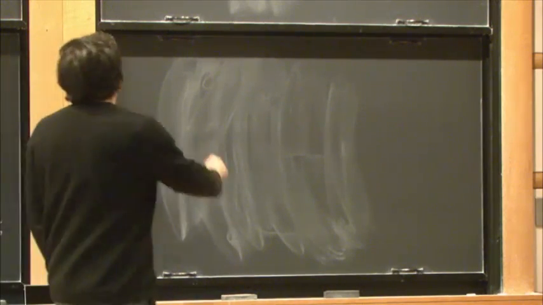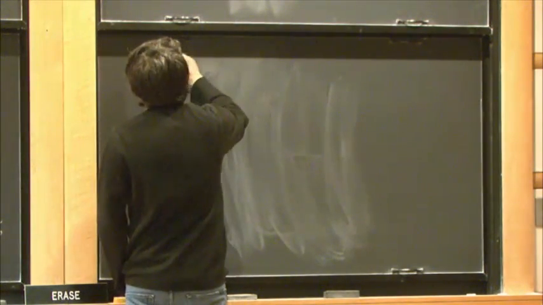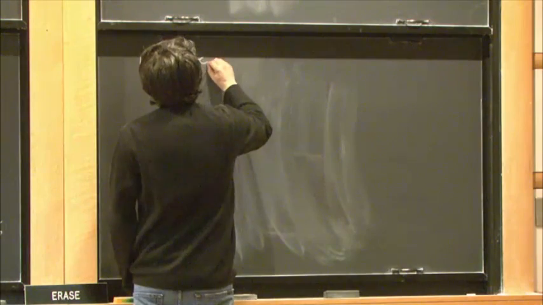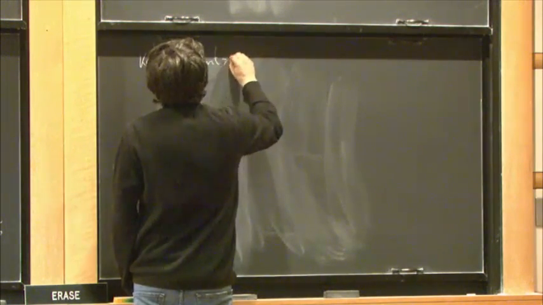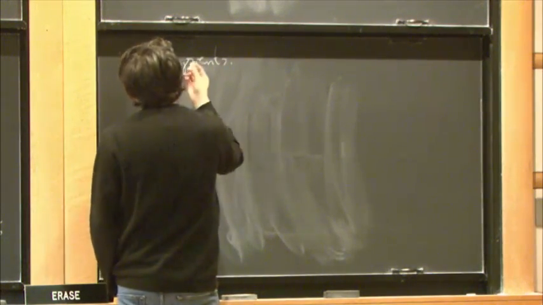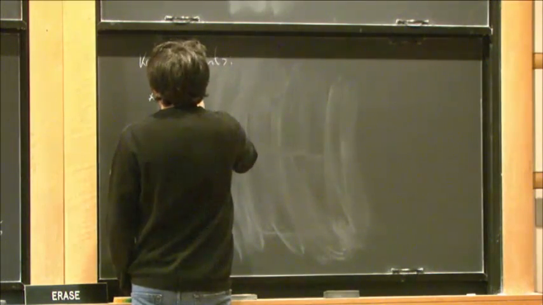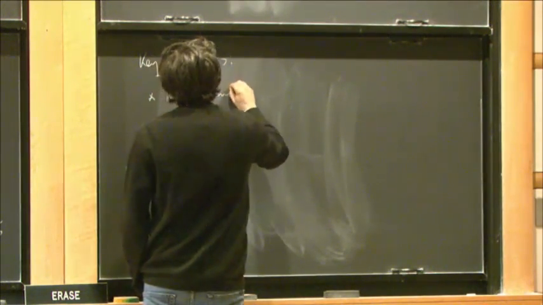And kind of the key ingredients to this one, let me just, key ingredients here are 2. So first of all, we have a theorem. One direction is due to Mumford.